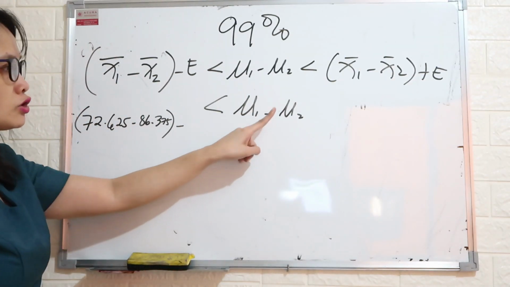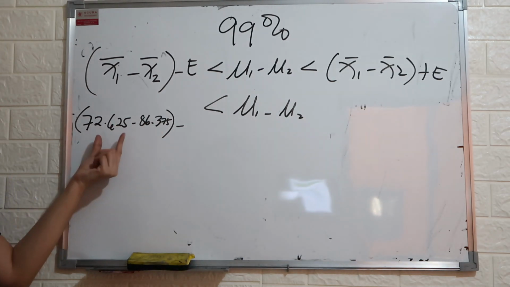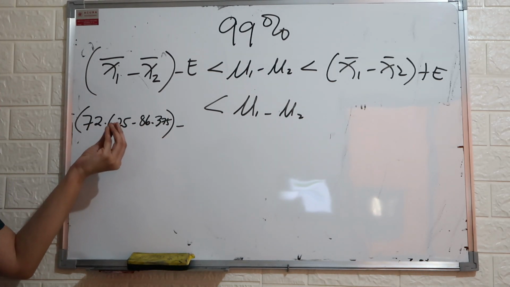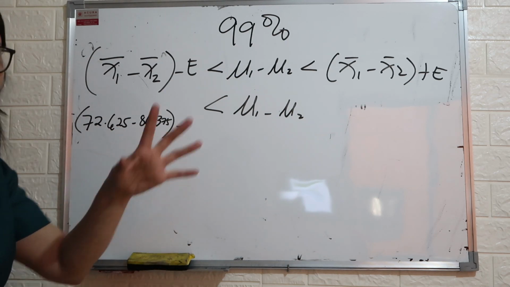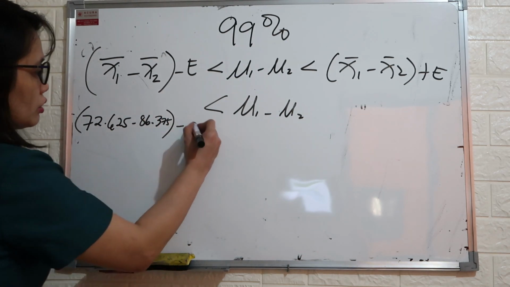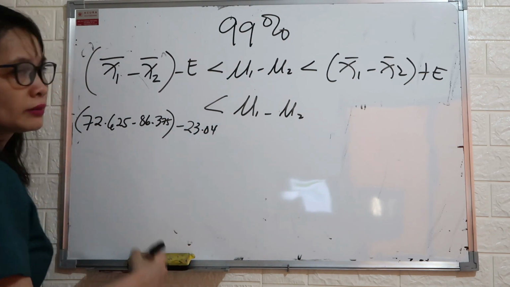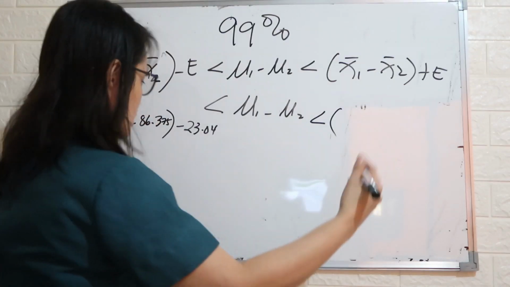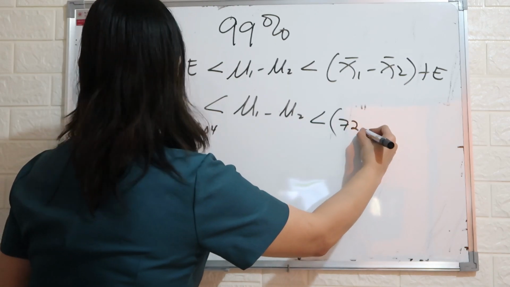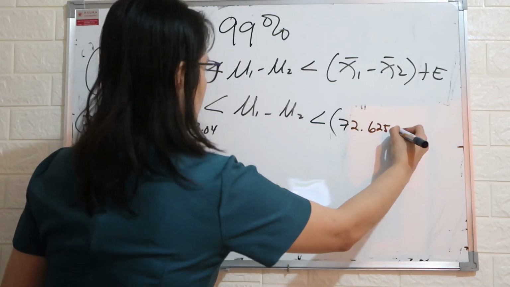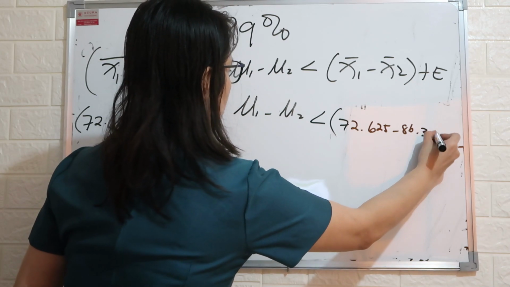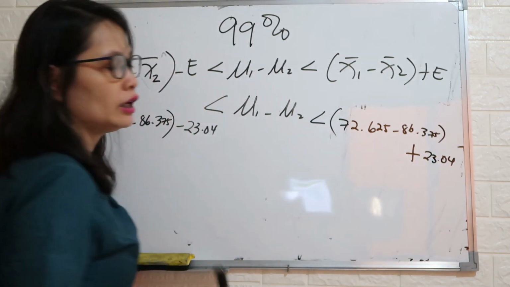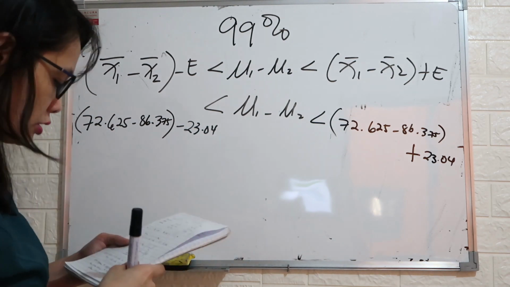So mu1 minus mu2 greater than the difference of two means. So 72.625 minus 86.375 minus the margin of error, which is 23.04. But less than the difference of two sample means, so we have 72.625 minus 86.375 plus 23.04, that's the margin of error.